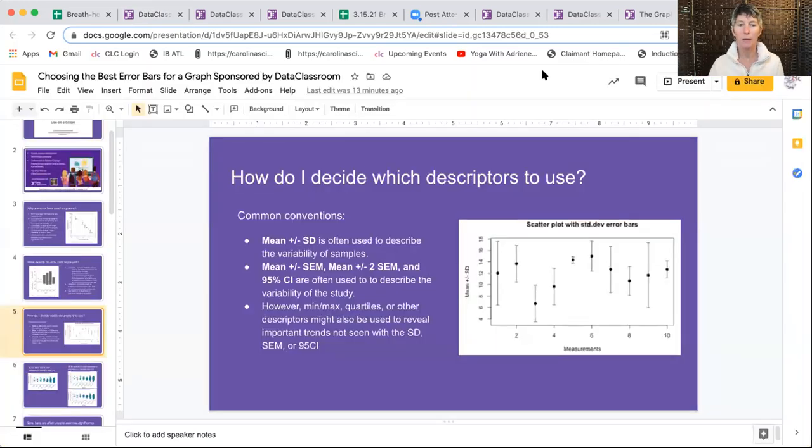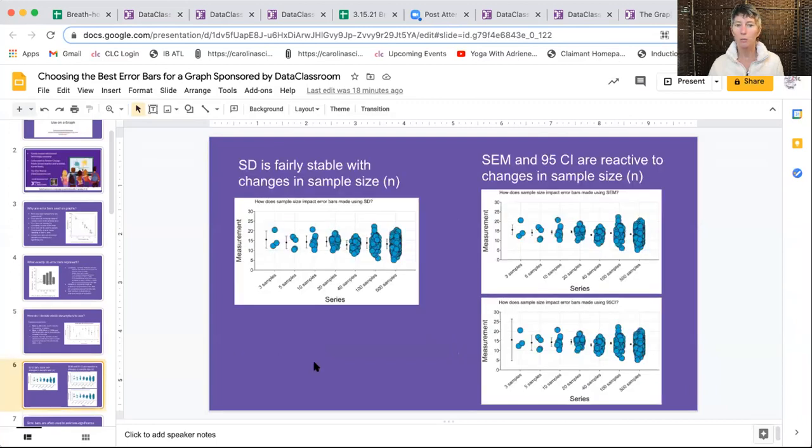So in thinking about that, which error bars you use might be partially based on sample size and how much your data are impacted by sample size. Student data tends to be very small. They tend to use smaller sample sizes than this 500 sample size example.